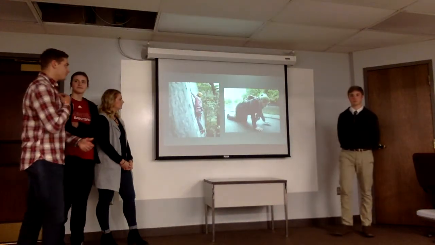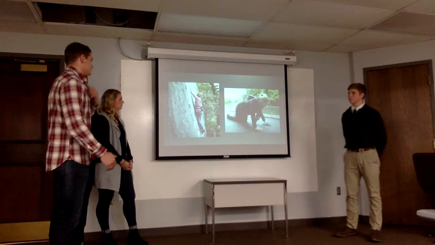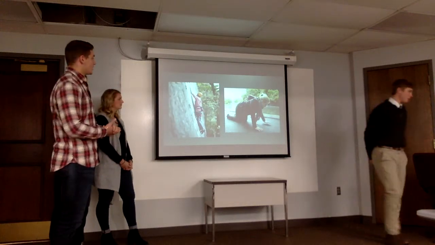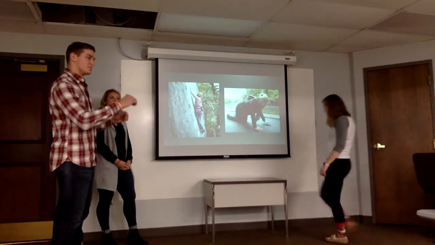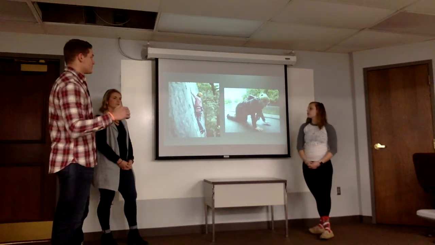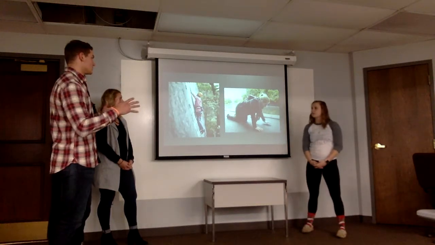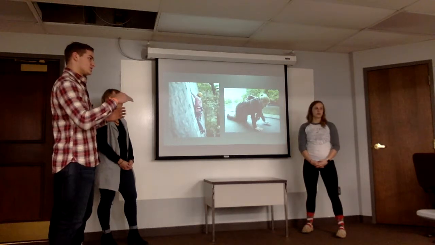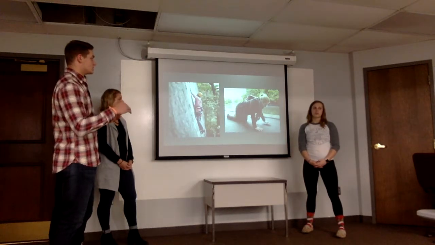And for our analogy, we have a rock climber hanging on the wall, who is spending energy stabilizing himself, and he's trying to spend as little energy as possible to do so.